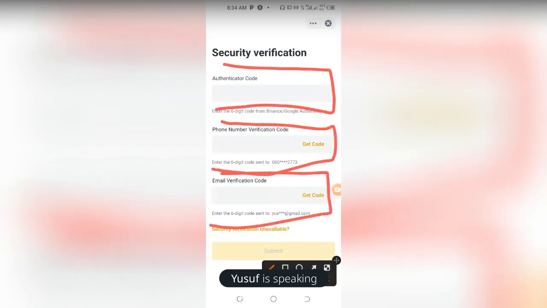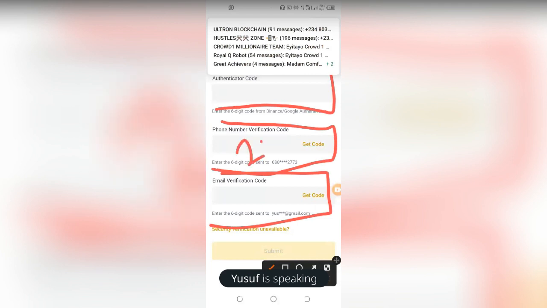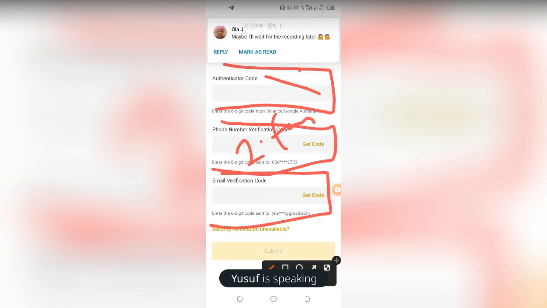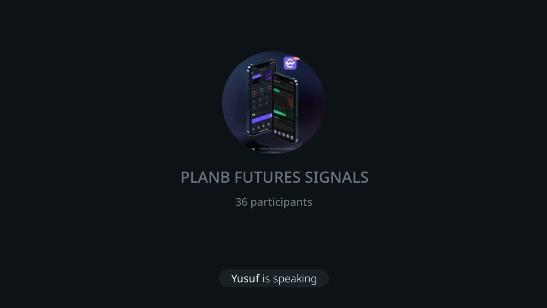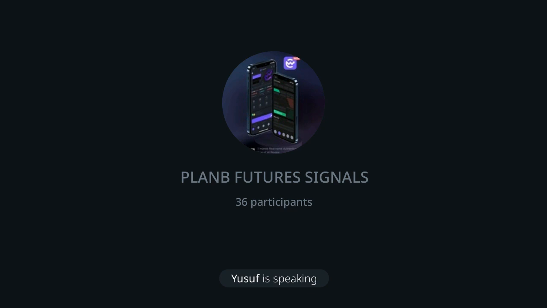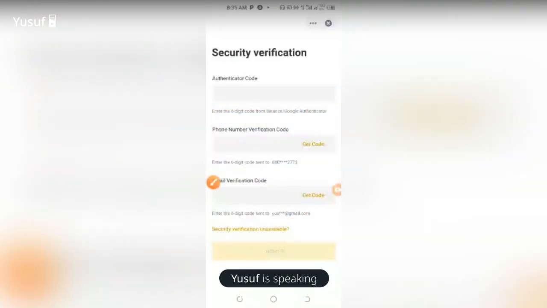Though it is optional, the most important thing is to use two-factor authentication. You may decide not to use Google Authenticator, just use your phone number and email to send money. But I chose to add a third security authenticator. That's why I added Google Authenticator, making it three.